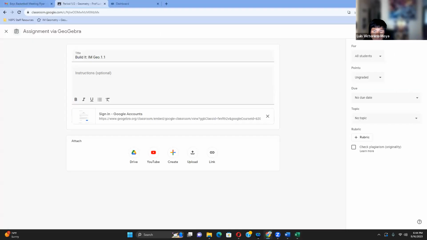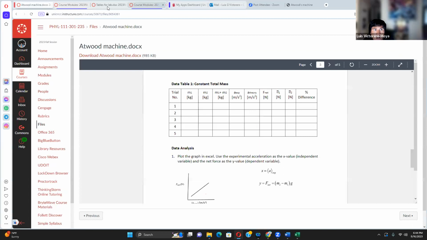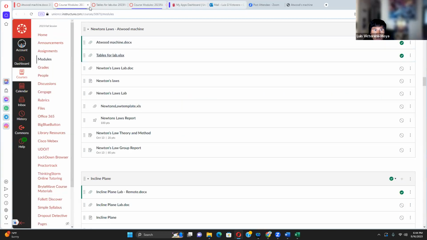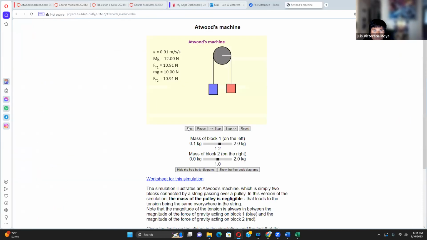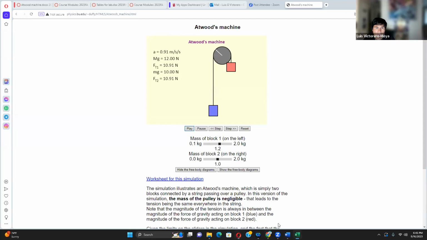And for that, I'm just going to place the simulation a little bit here. If you play the simulation, that will happen. So this value will be the experimental acceleration, 1.2 and 1. So 1.2, 1, 2.2, of course, and this is 0.81.